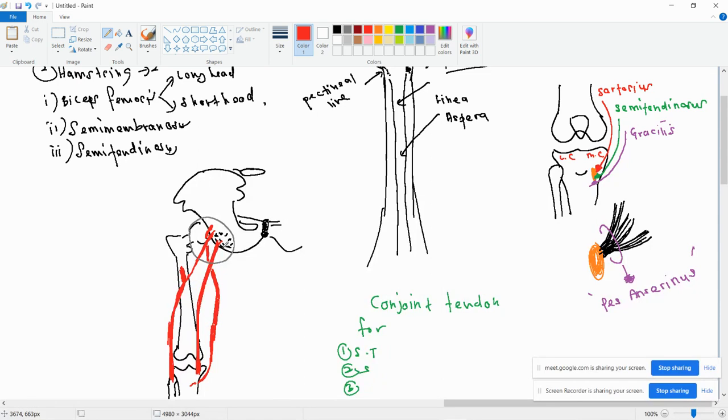Meaning that in terms of hip extensors, only three muscles. The first one, the long head of biceps femoris. Number two, the semitendinosus. Number three, the semimembranosus.